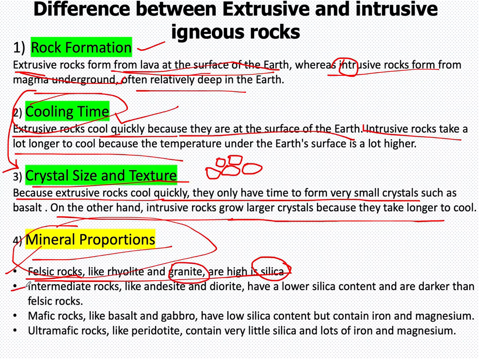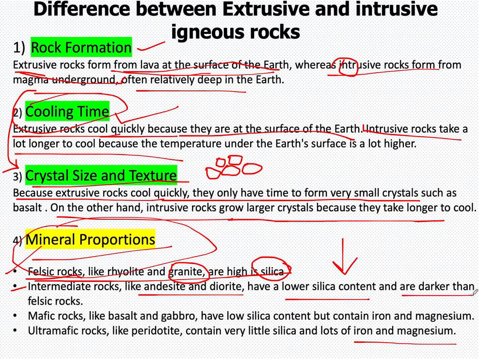Second, intermediate rocks, for example andesite and diorite, have lower silica content and are gradually darker, because as the silica content reduces, the mafic components, magnesium and iron, start dominating, and these are heavier and darker in color.